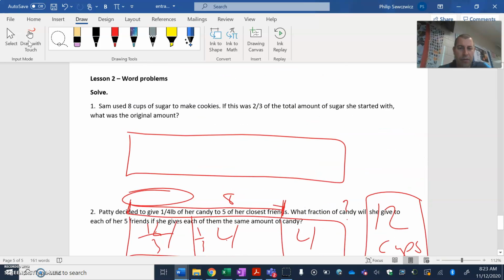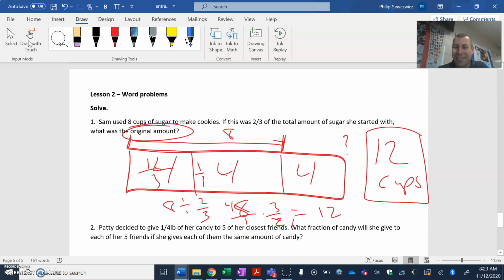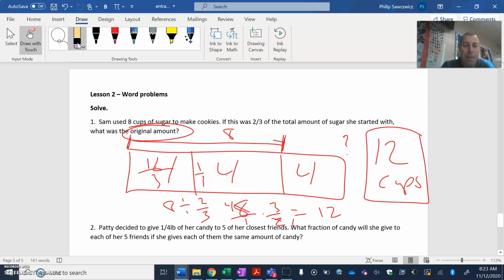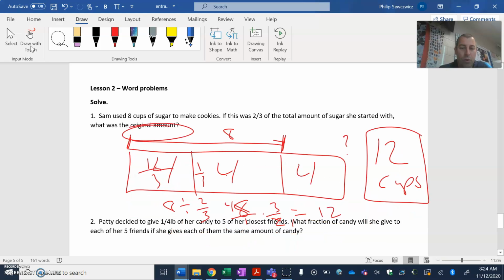We've got ourselves, ooh, it's kind of dragging along with it, isn't it? We've got ourselves Patty here. And Patty decided to give a quarter pound of her candy to 5 of her closest friends. What fraction of the candy will she give each of her 5 friends if she gives them the same amount of candy?